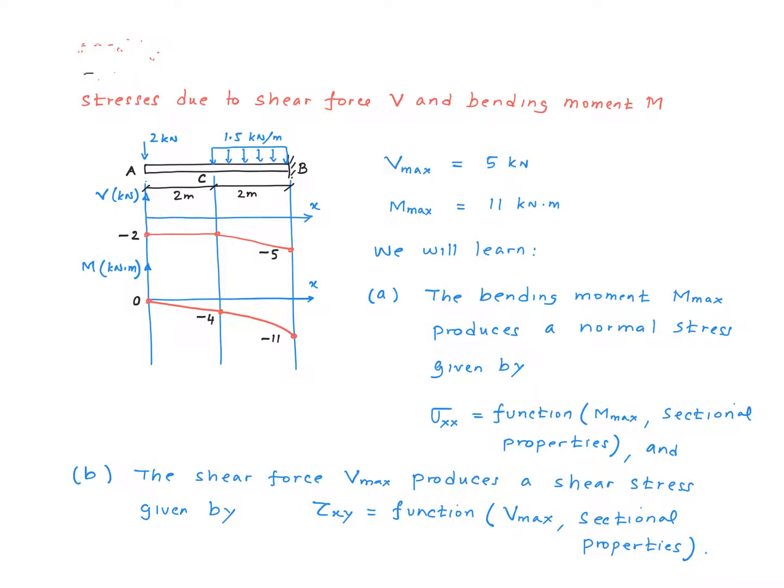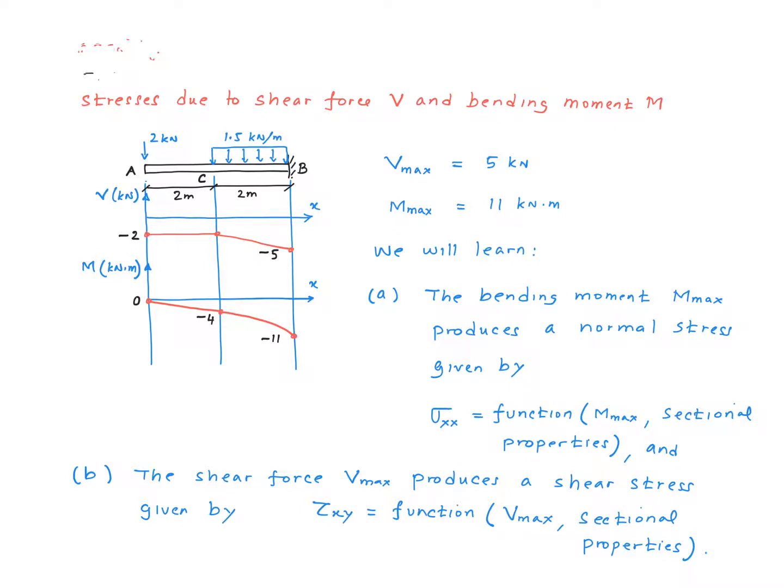We will learn that the bending moment Mmax produces a normal stress on this cross-section at point B. Specifically, it produces sigma xx, which is the stress on the x-plane in the x direction. And we will learn that sigma xx is a function of Mmax and some specific sectional properties. And similarly, we will learn that the shear force Vmax produces a shear stress tau xy.